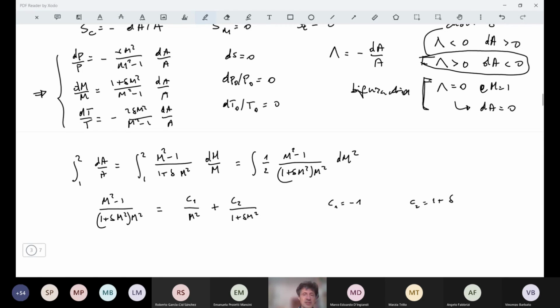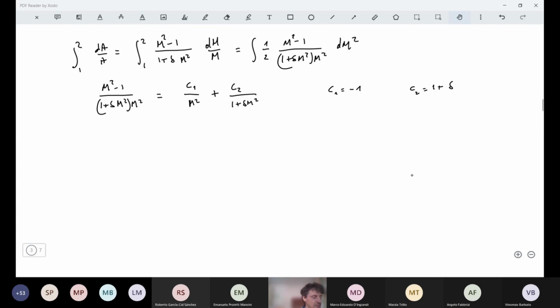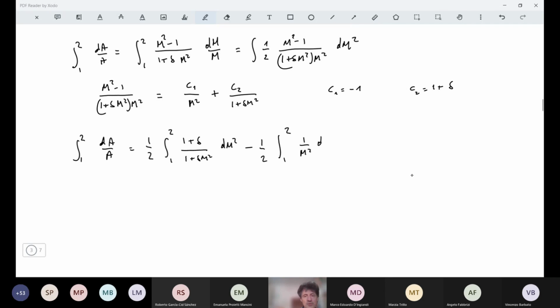And as a result, the integration will be the integral between 1 and 2 of dA over A equal to 1/2 integral from 1 to 2 of 1 plus delta over 1 plus delta M squared dM squared, minus 1/2 integral from 1 to 2 of 1 over M squared dM squared.